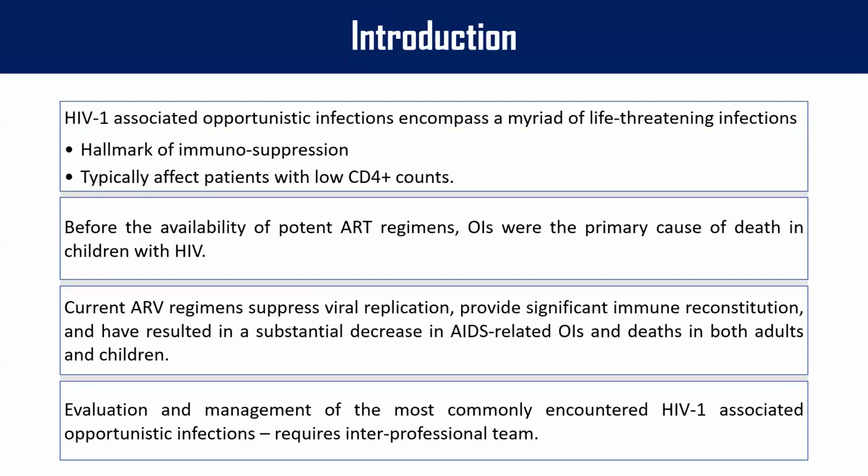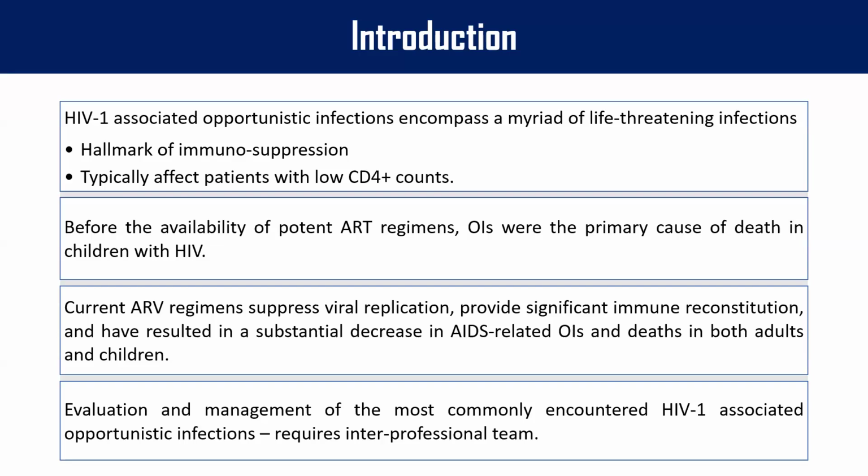We all know that HIV-1 associated opportunistic infection encompasses various life-threatening infections, and it is always a hallmark of immune suppression. If there is an opportunistic infection, it is equal to immunosuppression. So it typically affects patients with low CD4 count.